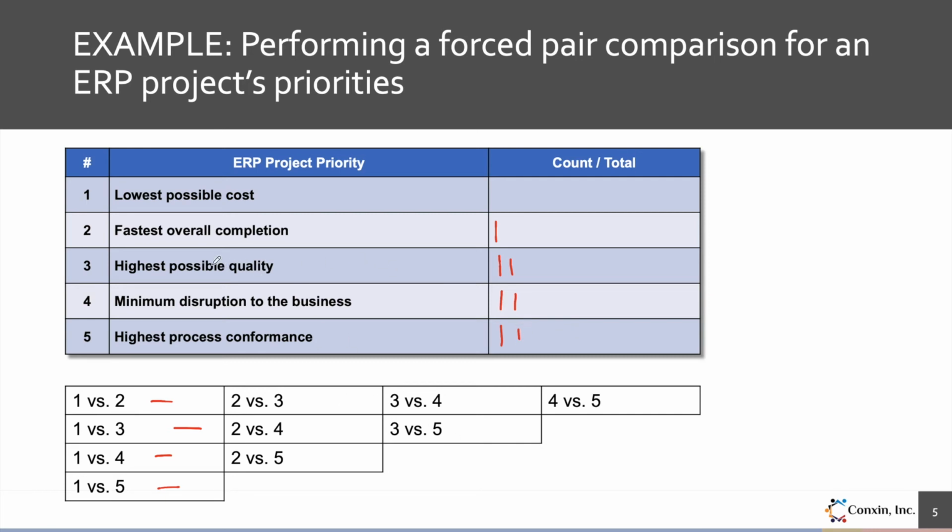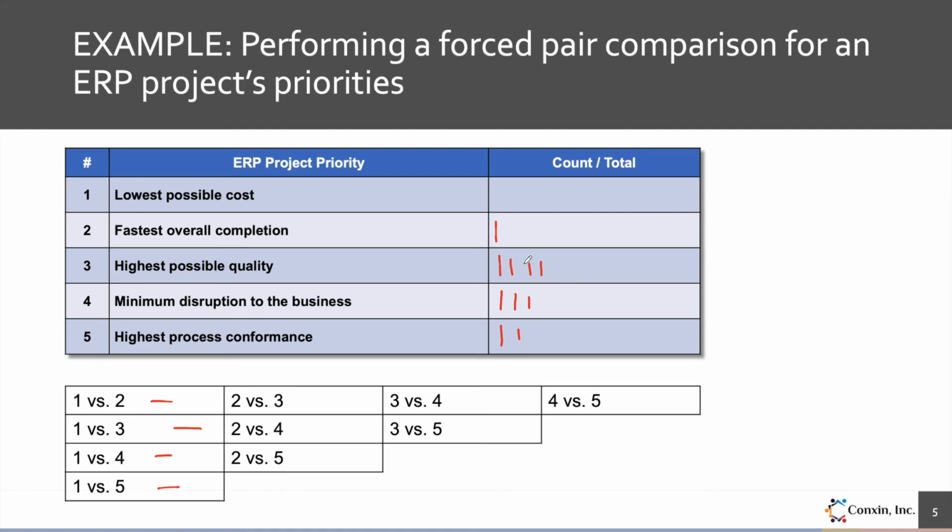Given a choice between the highest possible quality and the minimum disruption to the business, they picked highest quality. Highest quality versus highest conformance, they picked quality once again. And now the last option, given a choice between minimum disruption and highest process conformance, which of those two was the most important? And they picked minimum disruption.